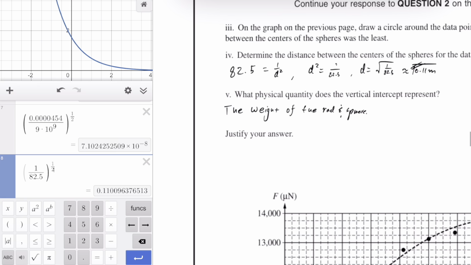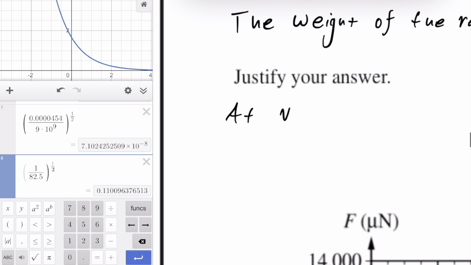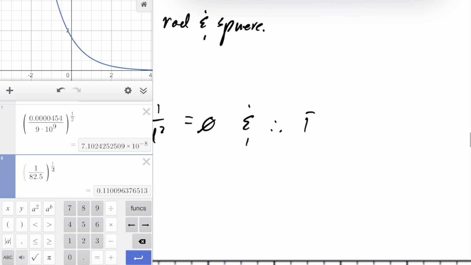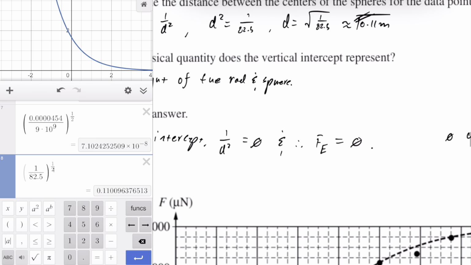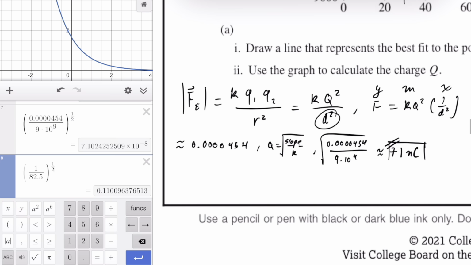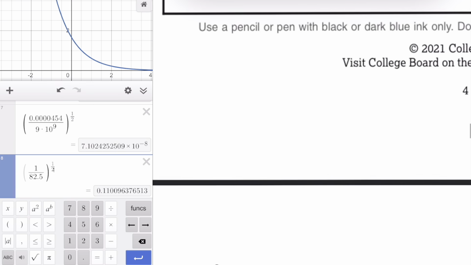So at the vertical intercept, 1 over d squared equals 0, and therefore Fe equals 0, because Fe is directly proportional to 1 over d squared. So if this whole 1 over d squared is 0, then Fe is 0.